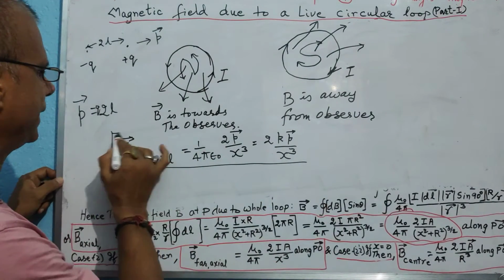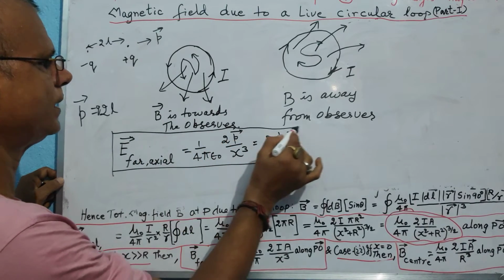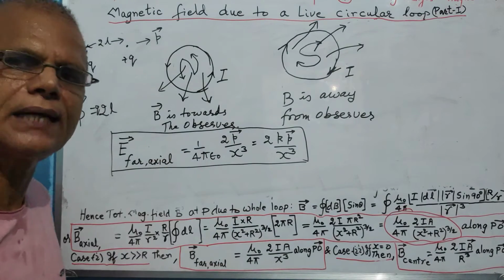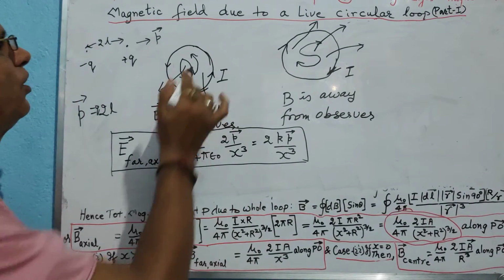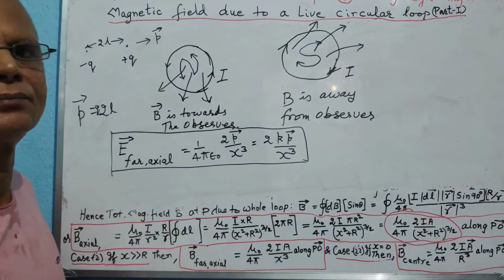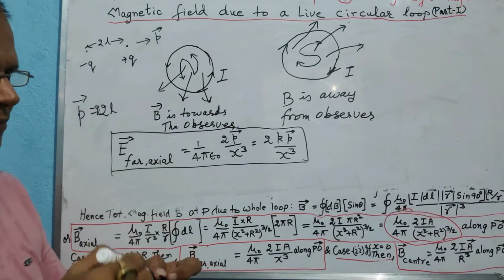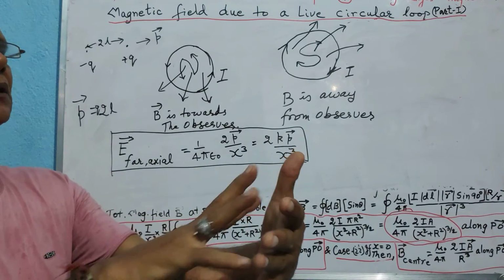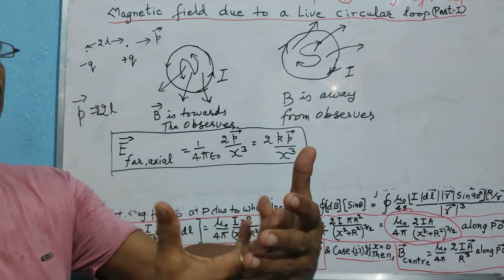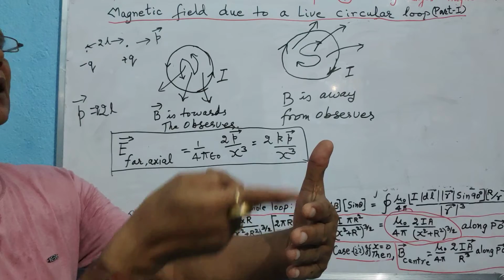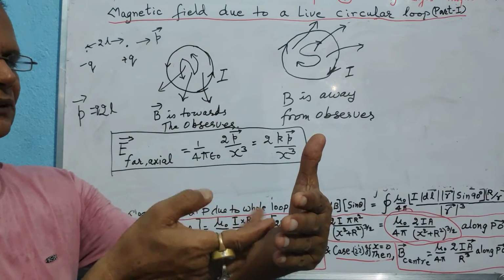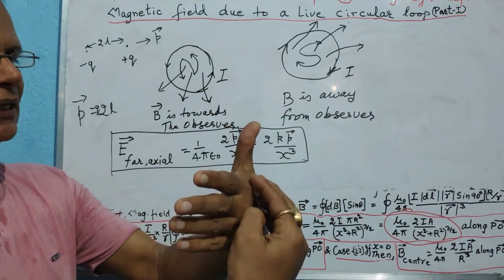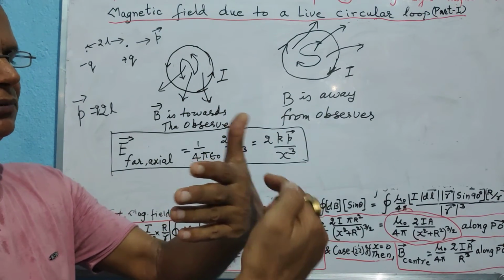Now the problem came when we wanted to find the magnetic dipole moment for this current loop. If you look at the loop, it behaves like a north pole when you see an anti-clockwise current, and from the opposite side it behaves like a south pole.